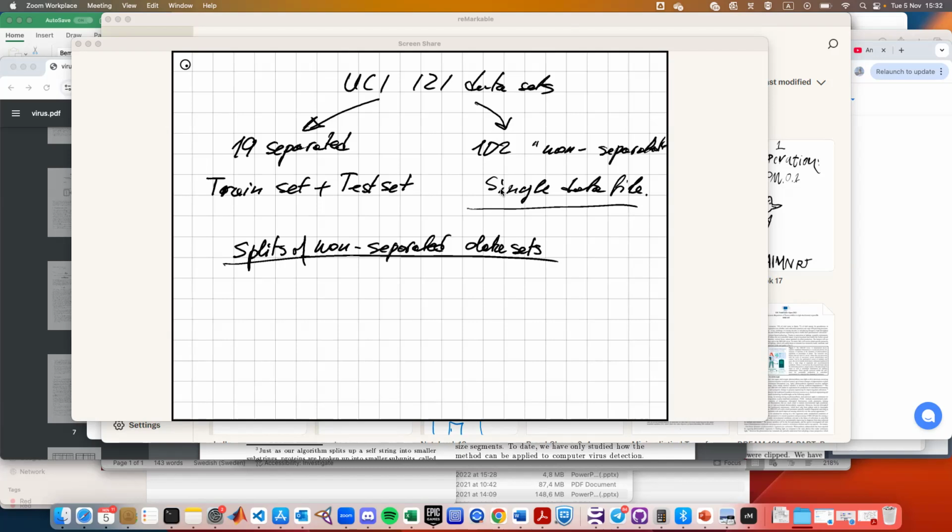So what they do, for example, is take this single data set, and for training purposes, they split it into 2 equal parts, for train and validation.